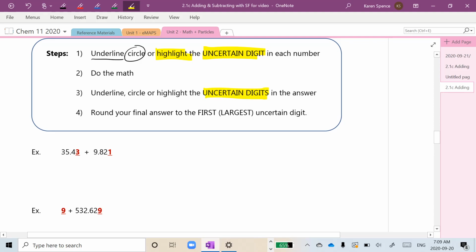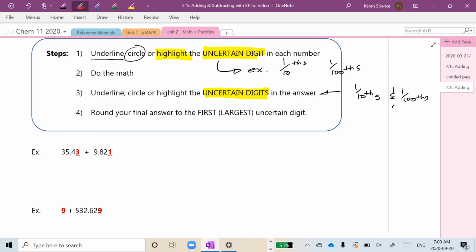And if in the question you had it in the tenths position and in the other number it was in the hundredths position, then you would highlight here in your answer both the tenths position and the hundredths position.